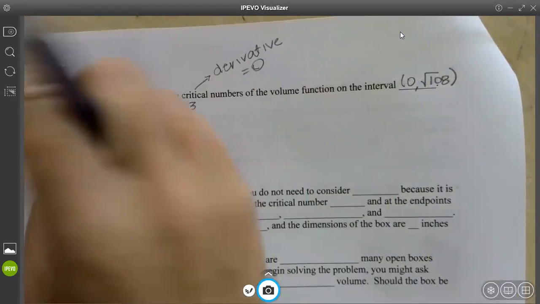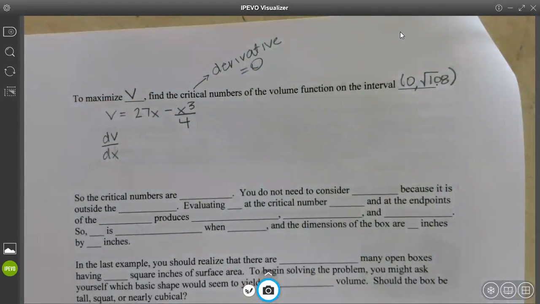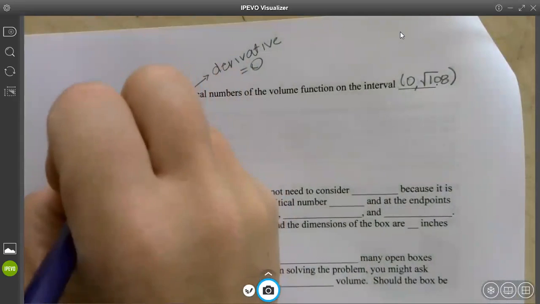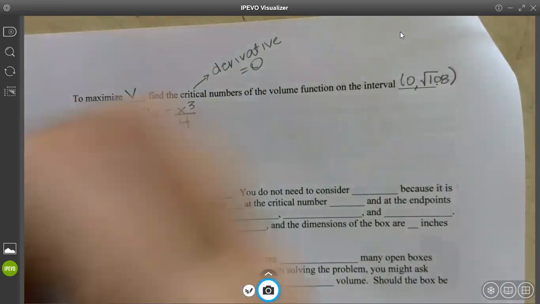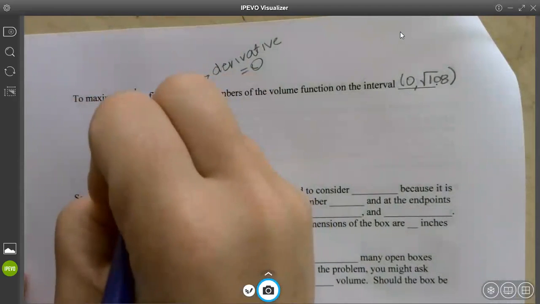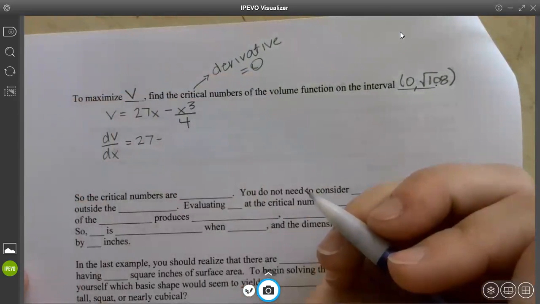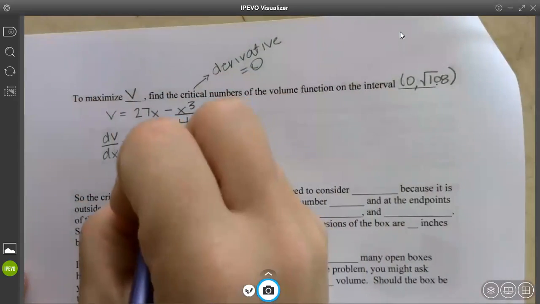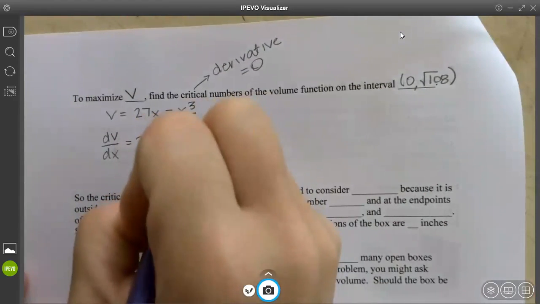They do dv over dx, again just because you're taking the derivative of the volume with respect to x. I don't care if you don't put that. It's just there. And then what's your derivative? 27 minus 3x squared over 4.